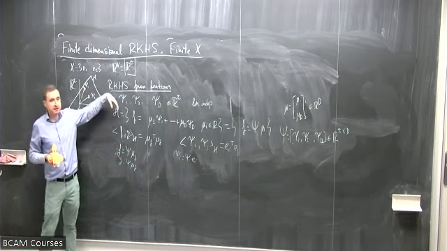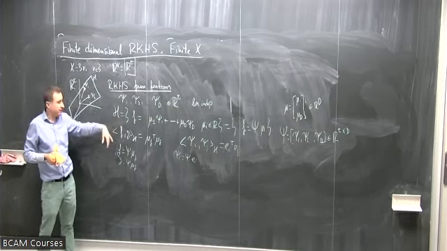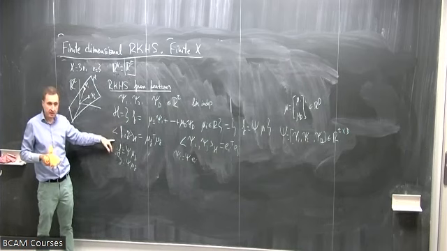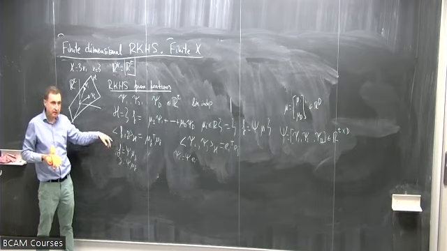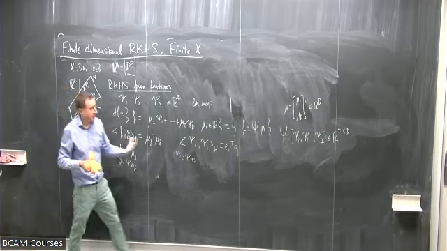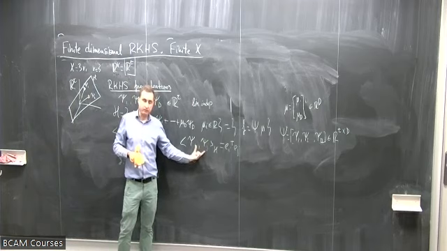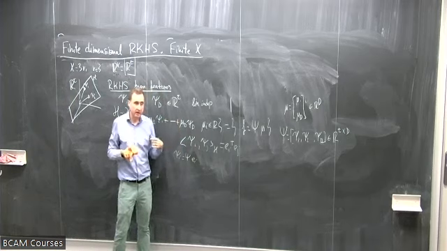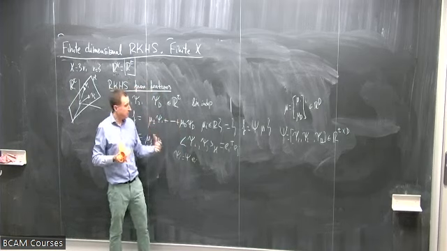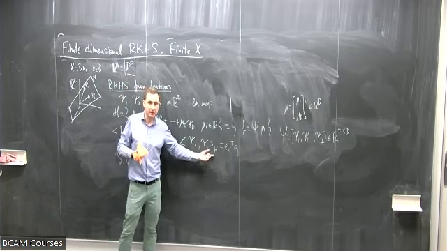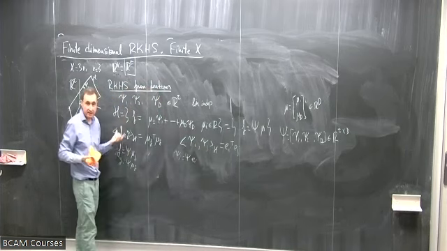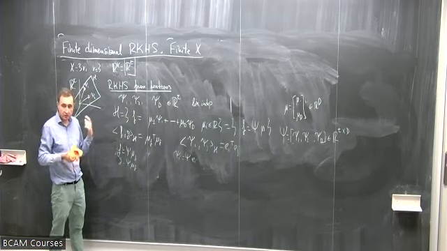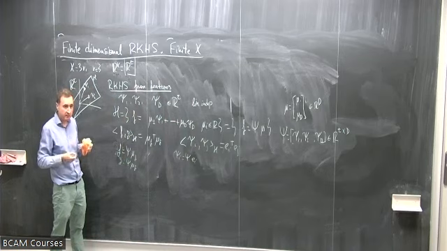I can start with a different set of features and end up having the same Hilbert space, because every space has many different orthonormal sets of vectors. So if I choose another set of vectors that are also orthonormal for this inner product, the Hilbert space is going to be exactly the same. So the features are not unique. There are multiple features that are going to give me the same Hilbert space.